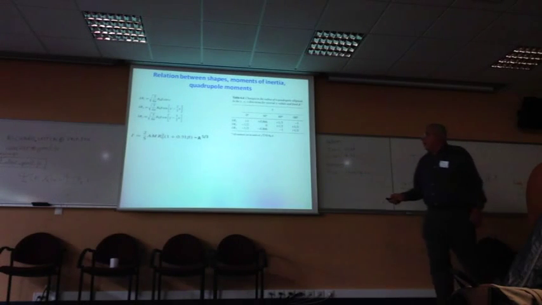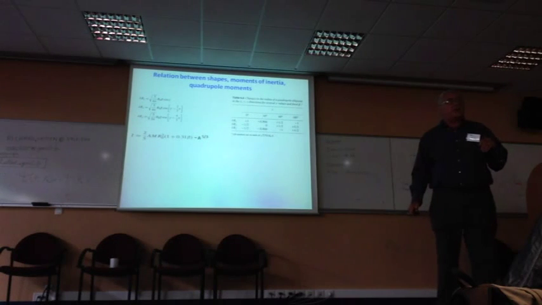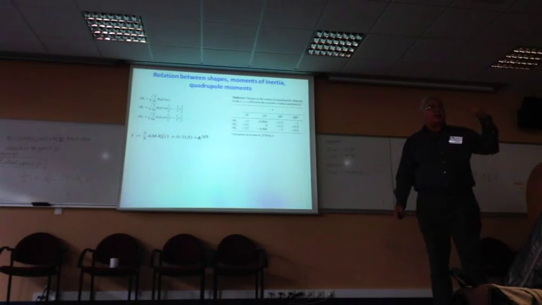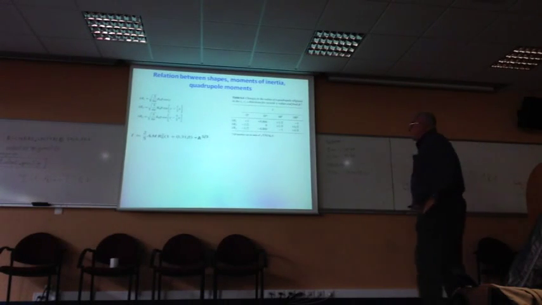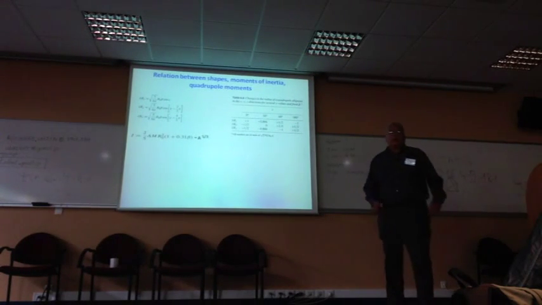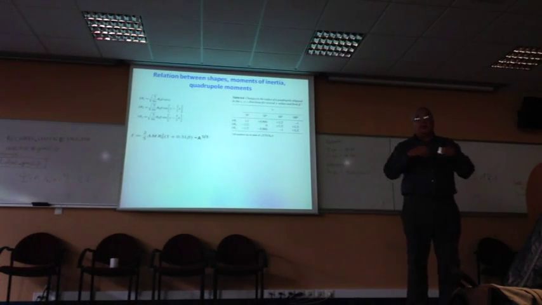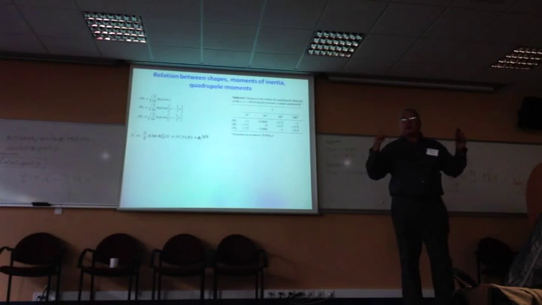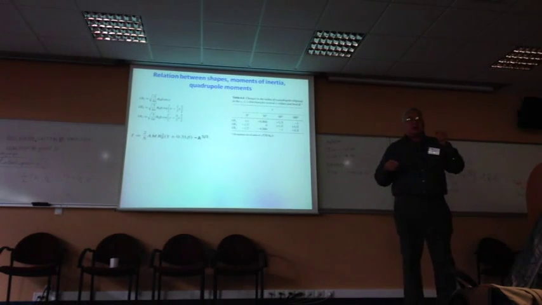Okay. Moment of inertia. We've already encountered the moment of inertia when we talked about rotational formulas. Remember the energies went as h bar squared over 2I times J(J+1). So here's I. Now, you all know what the classic moment of inertia for an object is. It's the sum over infinitesimal elements of m r squared.